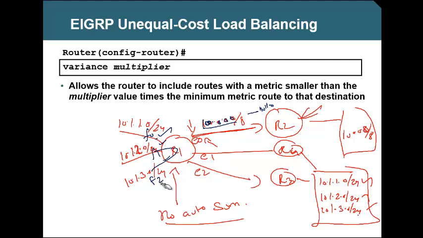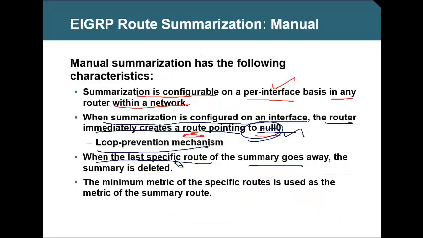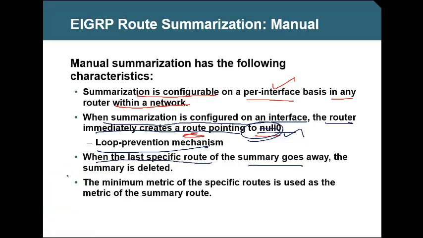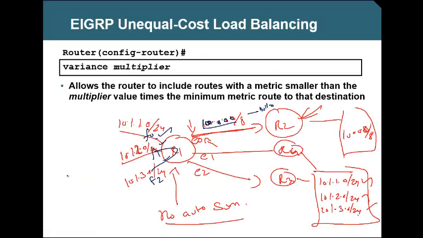Now what will be the metric of the summary route? If I am summarizing, let's say the metric on this is 10, the metric on this is 12, the metric on this is 20. What will be the metric of this summary? It will be 10.